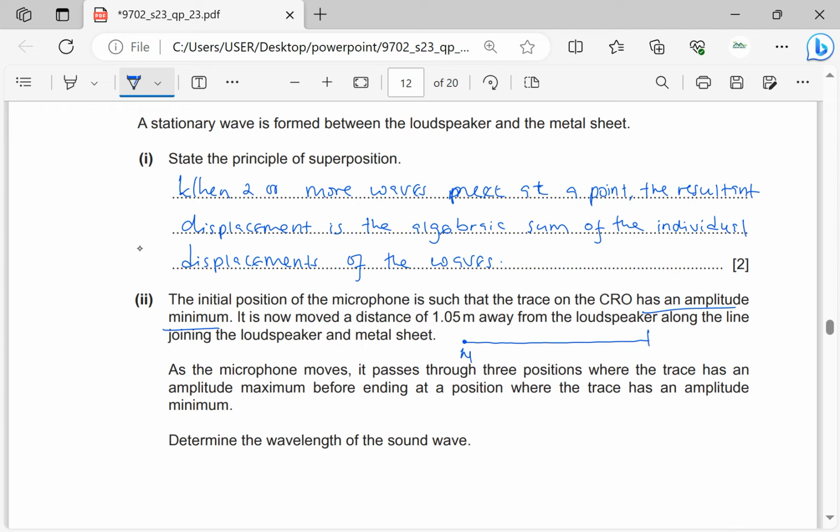As the microphone moves, it passes through three positions where the trace has amplitude maximum before ending at a position where the trace has amplitude minimum. So here we have another node. There should be three antinodes in between: 1, 2, 3. Of course, there must be a node between every two antinodes.